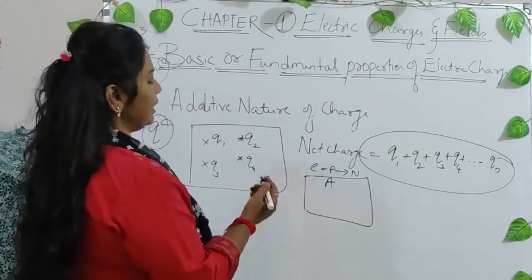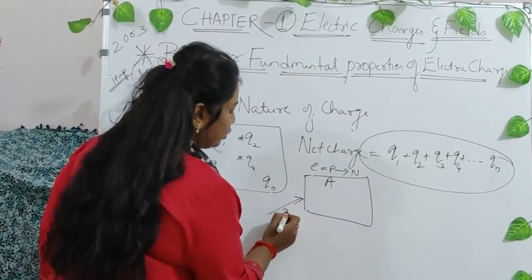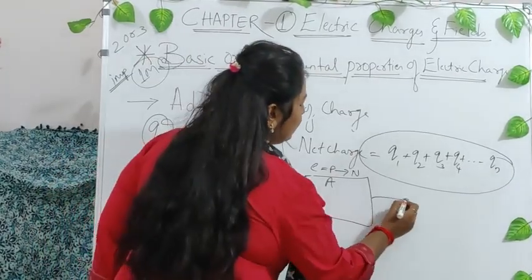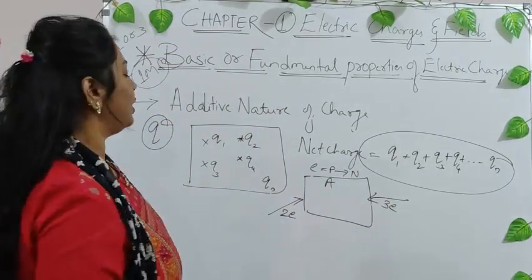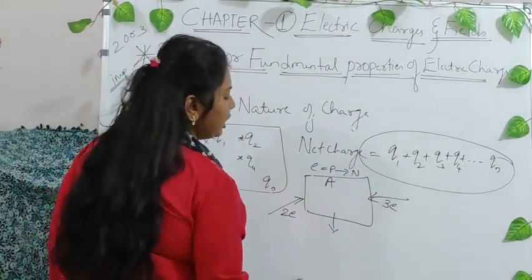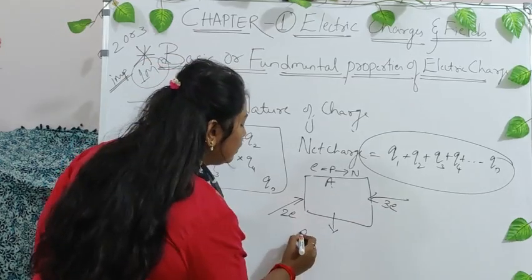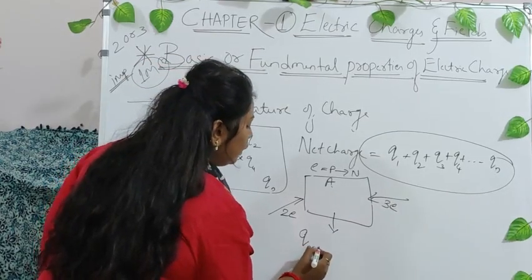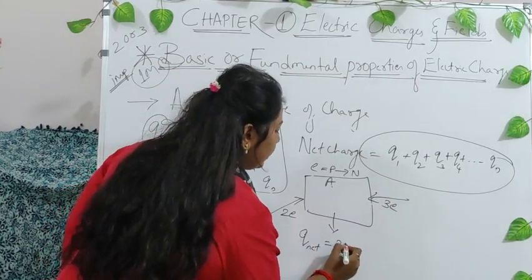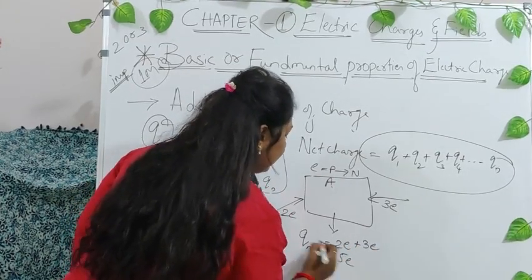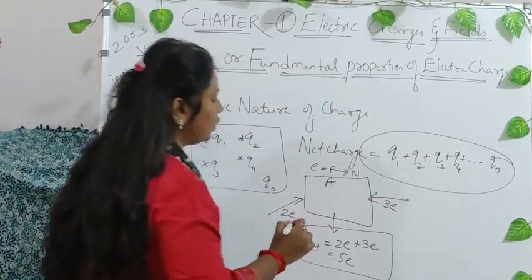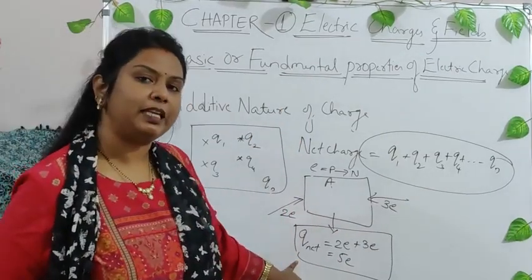Say for example, you add 2 electrons and you also add 3 electrons to this system. What is the total net charge of this system now? The total net charge will be 2 electrons plus 3 electrons, which is equal to 5 electrons. This is what the additive nature of the charge explains.